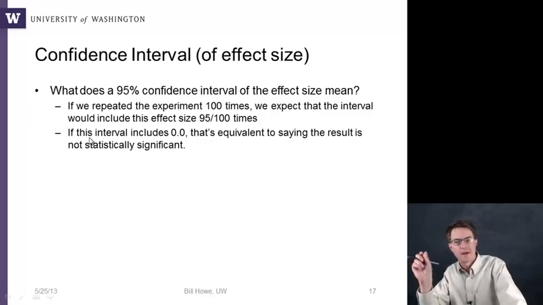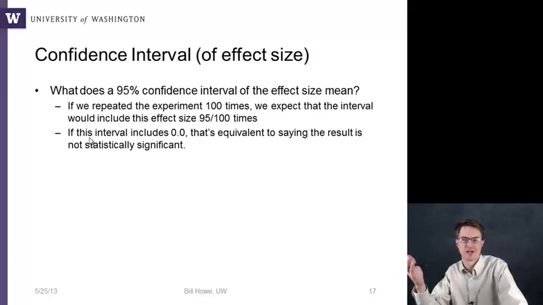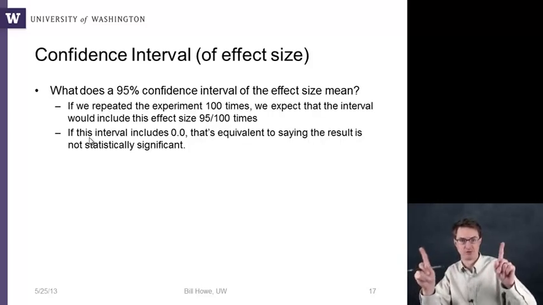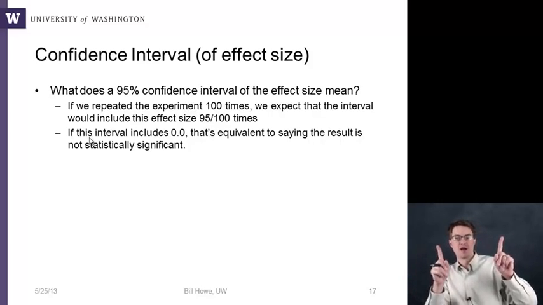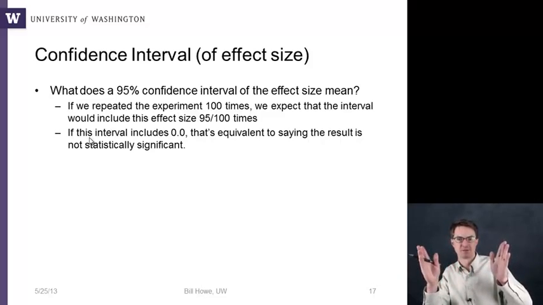And then finally, I'm not going to talk in too much detail about confidence intervals, but I do want to mention the confidence interval of the effect size, just to give you the intuition. An advantage is that these are maybe easier to interpret in terms of actual decision making. So what does a 95% confidence interval of the effect size mean? It means that if we repeated the experiment 100 times, we expect that the interval would include the effect size measured in this experiment 95 out of 100 times.